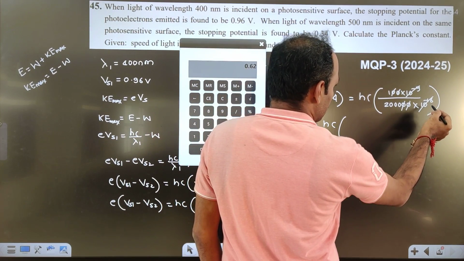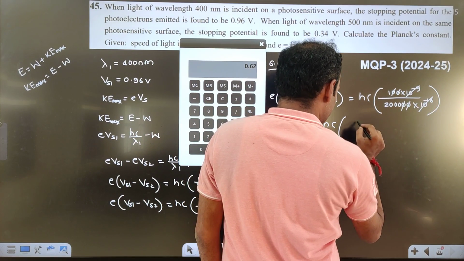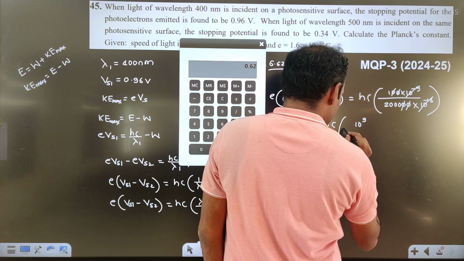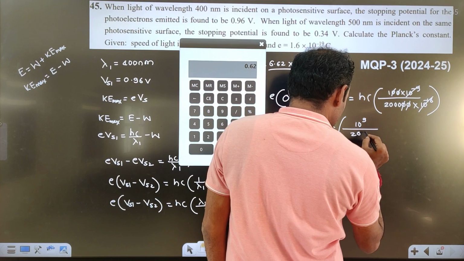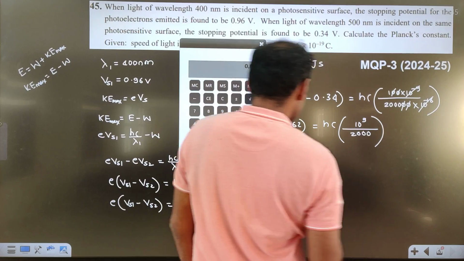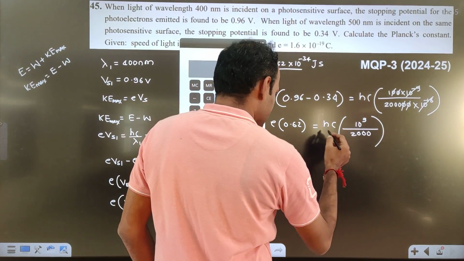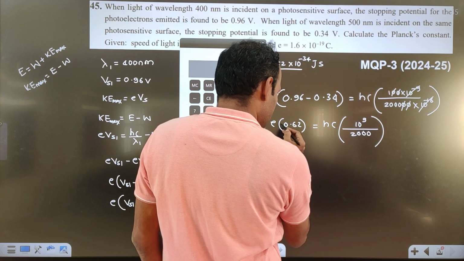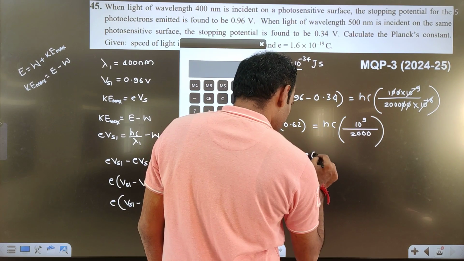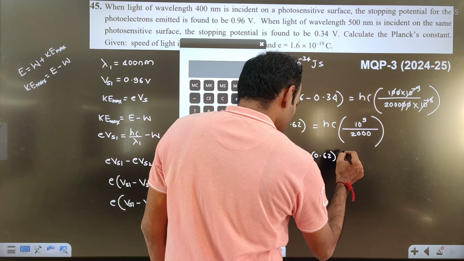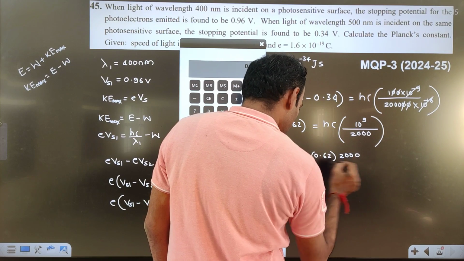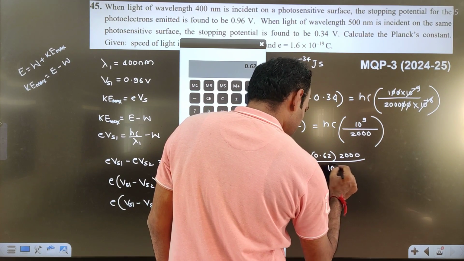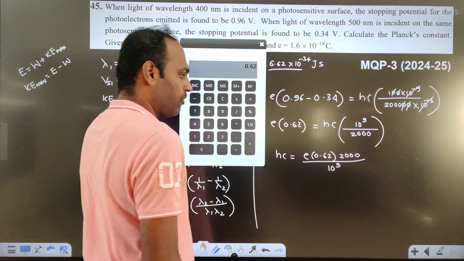So I will get 10 to the power minus 9, what remains here I take upward. 10 to the power plus 9 divided by, we are having 2000 here. Okay, I will take it like this now. hc is equal to E into 0.62 into 2000 divided by 10 to the power 9.